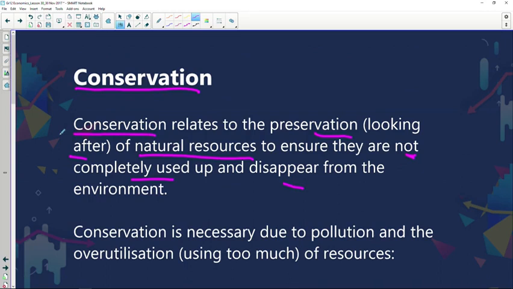You do have structures or organizations that focus on this to ensure that we protect our natural resources. And I know that the South African, I think it's called the South African Parks Board, actually ensures that our natural resources are looked after and that the future generations could have access to them.